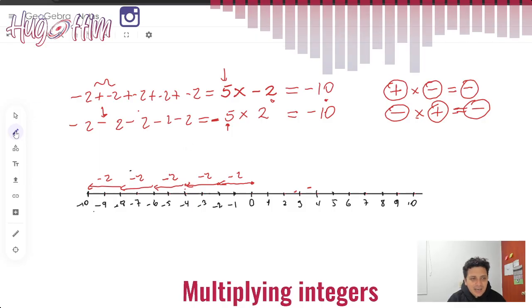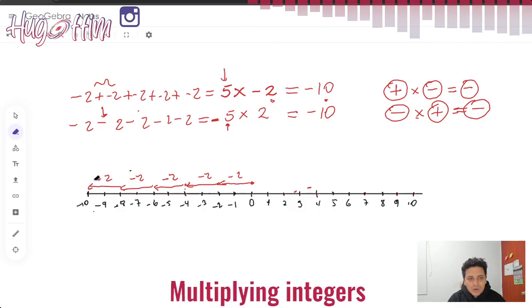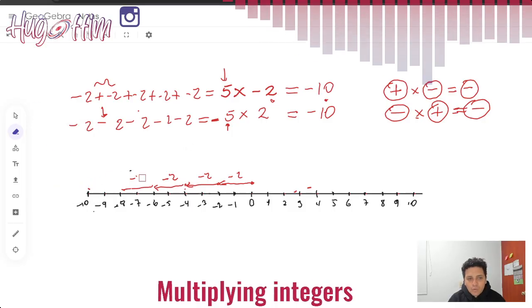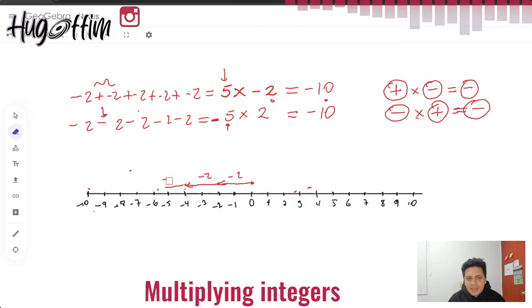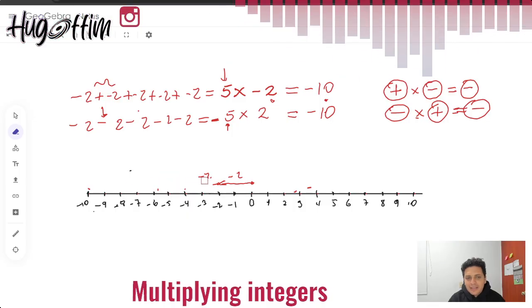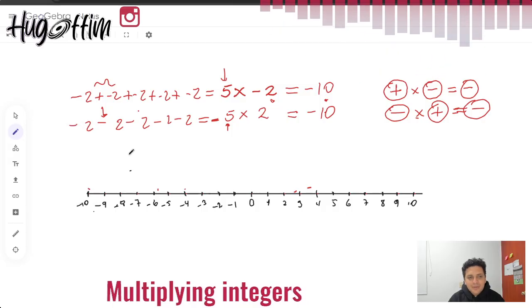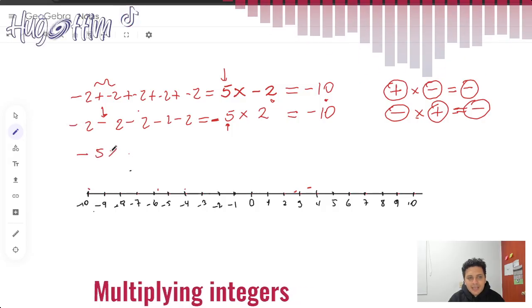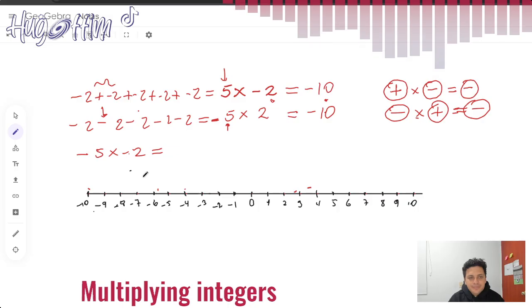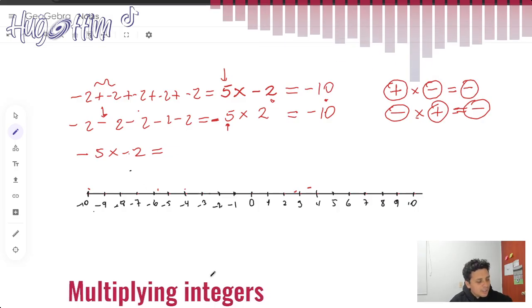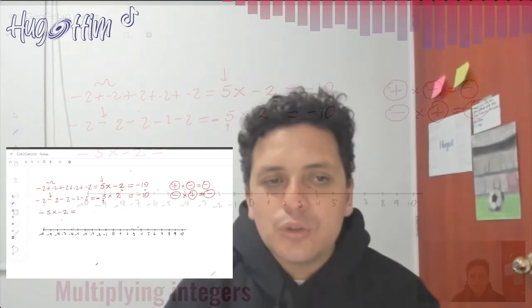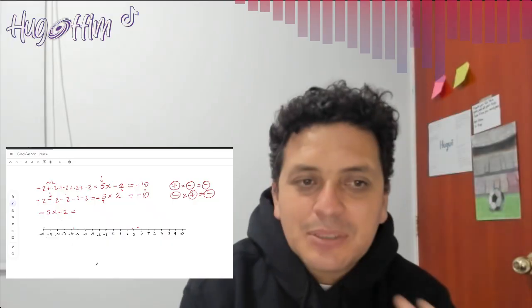And this leads us to the last question. The last question is, what happens if I do -5 times -2? What am I going to do if I take -5 times -2? I want you to think again about what I'm going to do if I multiply -5 times -2.